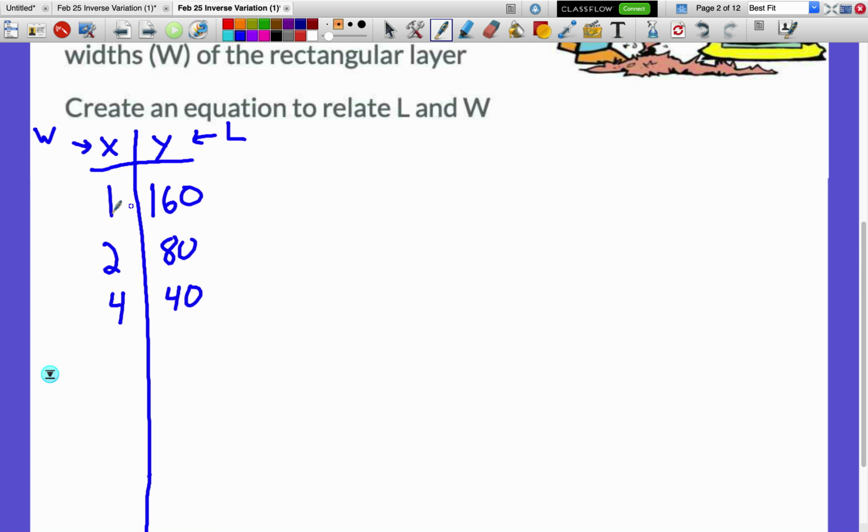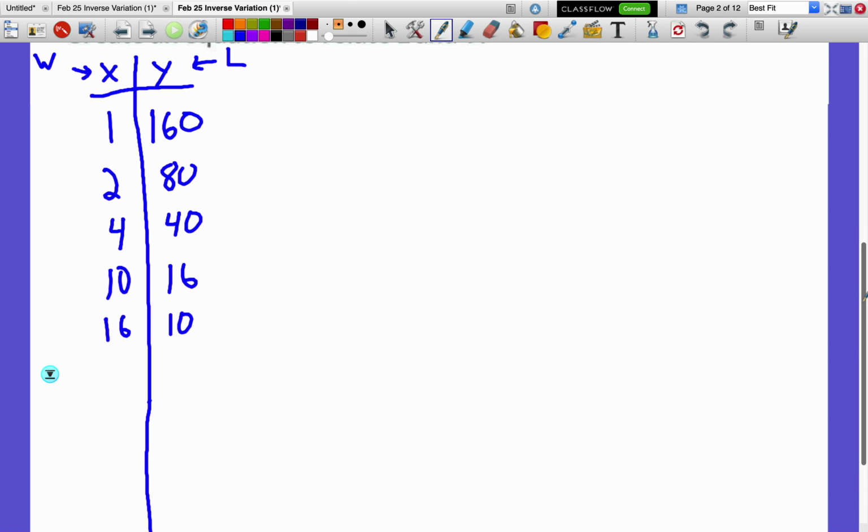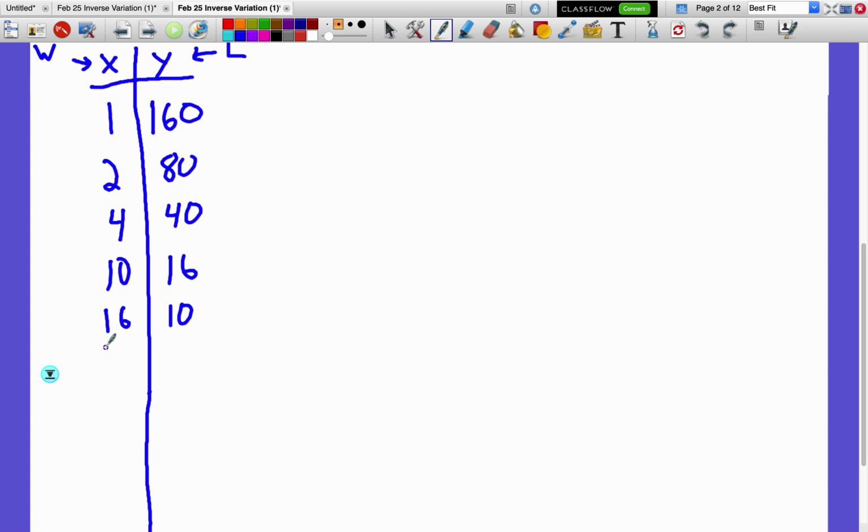Notice how these still always multiply to be 160. We can go 10 and 16, or we can go 16 and 10. There are some other combinations in here, but I'm just trying to get enough. And then we can kind of reverse the whole table. So we could do 40 and 4, 80 and 2, 160 feet wide and only 1 foot long. And all of these still multiply to be 160.